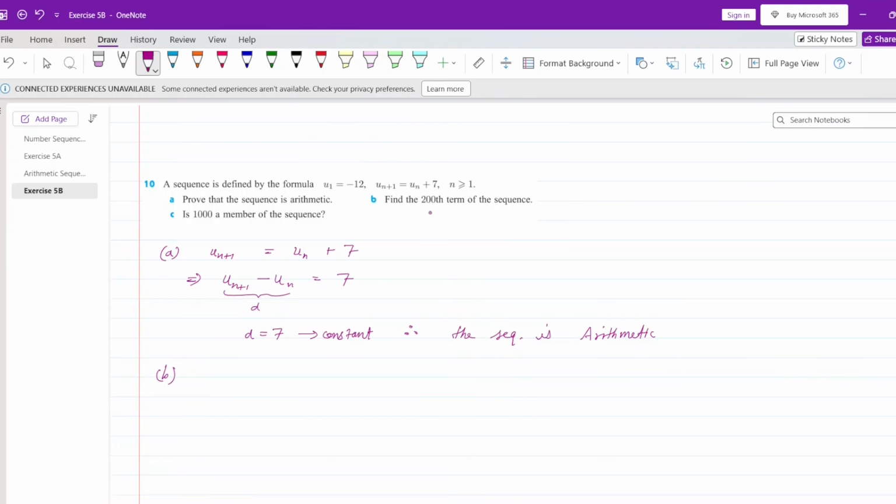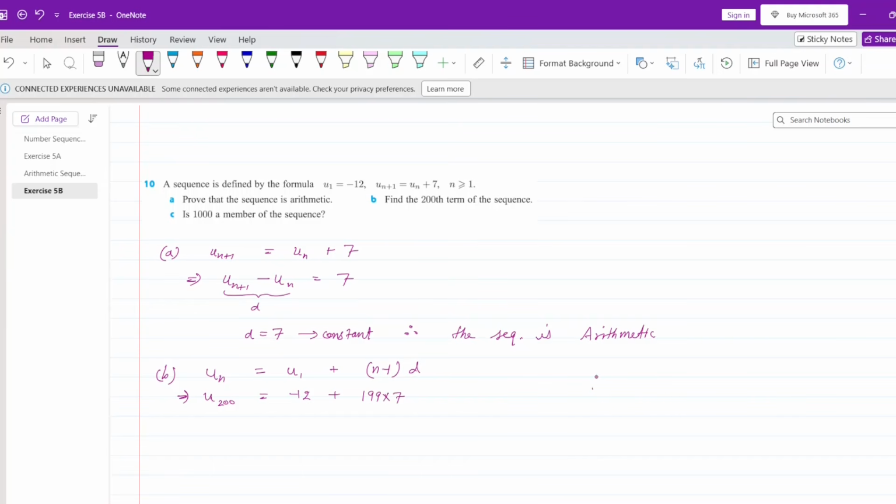Find the 200th term of the sequence. We know un equals u1 plus n minus 1 times d. u200 is going to be u1, that is negative 12, plus the value of n is 200. 200 minus 1 is 199, and d is 7 from here.